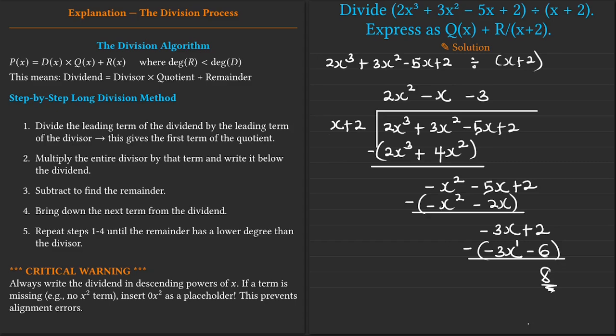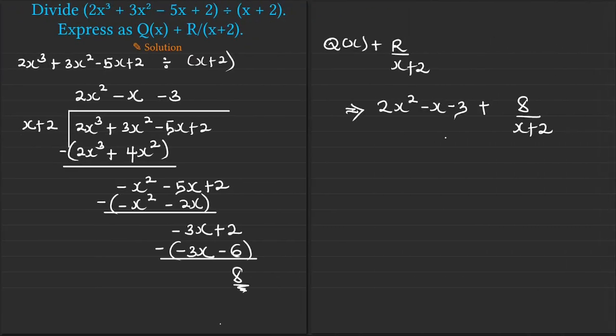This remainder has a degree which is equal to the degree we have here, so we'll still divide. Then the last one has a degree of x raised to the power 0, and it's lower than the degree we have here. So we stop. That becomes our remainder. So that is what we've been able to achieve over here. If the understanding isn't clear at this point, let's solve a few more examples to enhance your understanding.